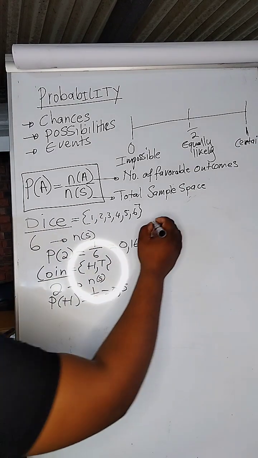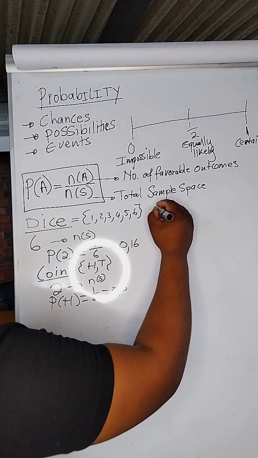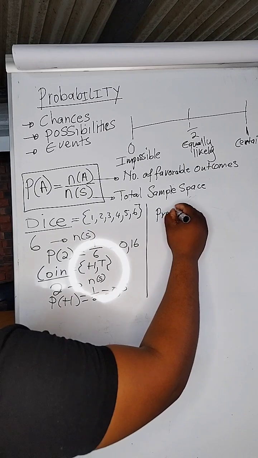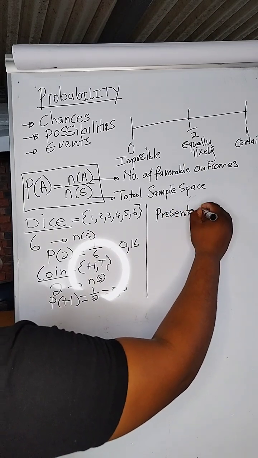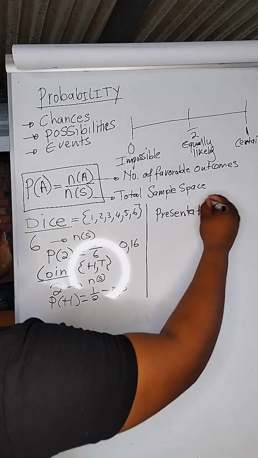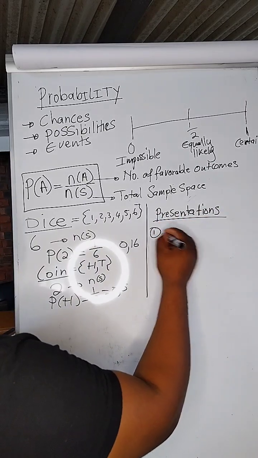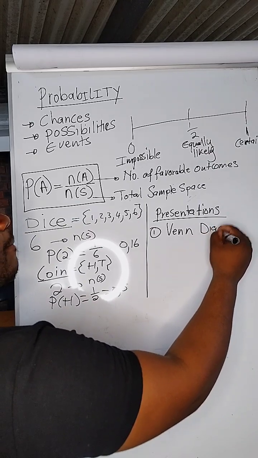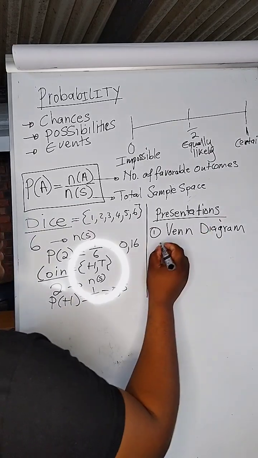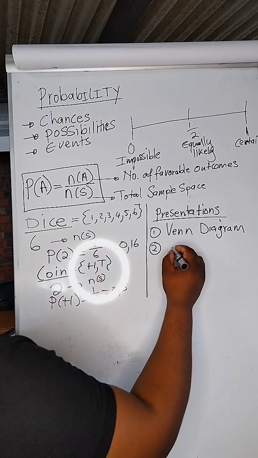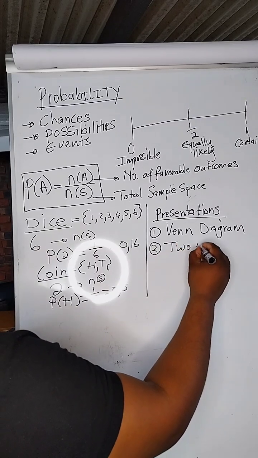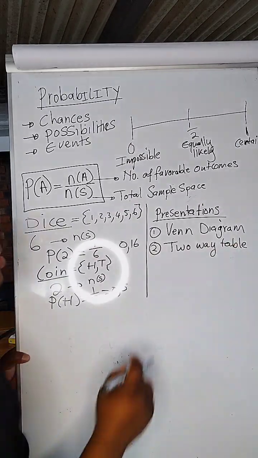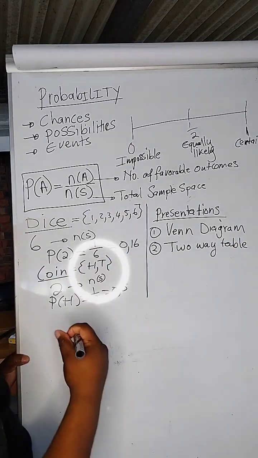Now, come with me. Number 1, we are going to deal with representations, presentations of probability. Number 1, we are going to deal with what we call a Venn diagram. Number 2, we have what we call a two-way table. This two-way table is also called a contingency table.